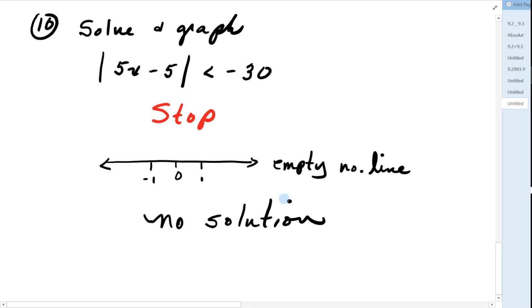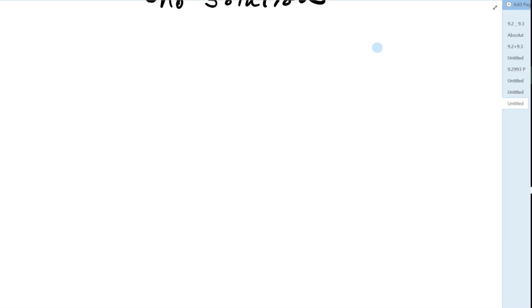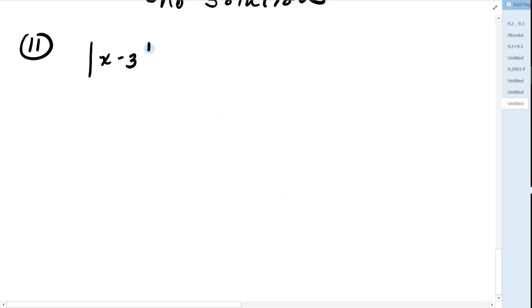Now let's look at number 11. This will address the last issue. Suppose I have absolute value x minus 3, close absolute value, minus 6 is less than or equal to -2. Before I can talk about the between, because right now I'm looking at it going, oh, wait a minute, absolute value can't be negative, but I can't even evaluate that yet because the absolute value has not been isolated.